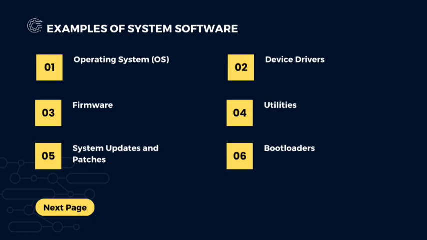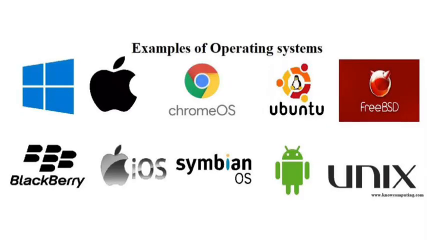And typical examples of the system software are the operating system, which we will discuss much more in the term. We have the firmware, utilities, device drivers, system updates and patches, and we have boot loaders.